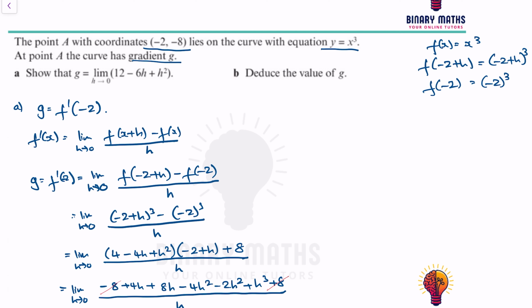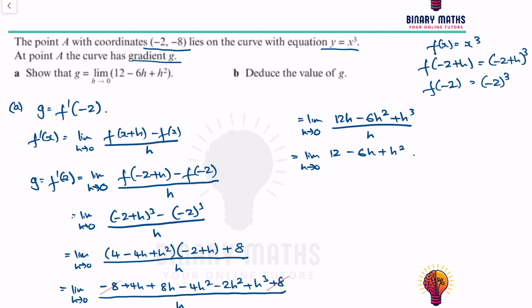So you get the limit as h tends to 0. 4h plus 8h gives me 12h. And then minus 4h squared minus 2h squared gives me -6h squared, plus h cubed, all over h, which is the limit as h tends to 0 of 12 - 6h + h squared, which is what we wanted.